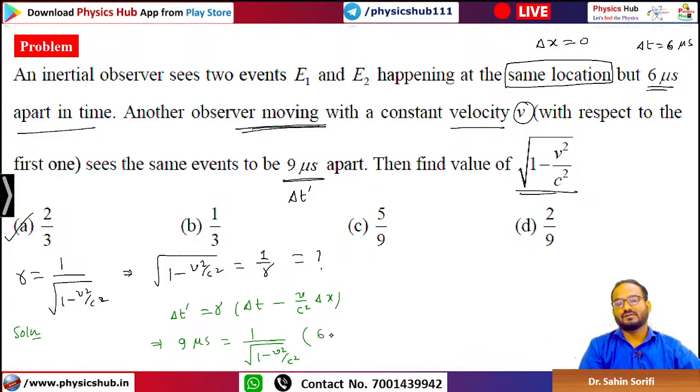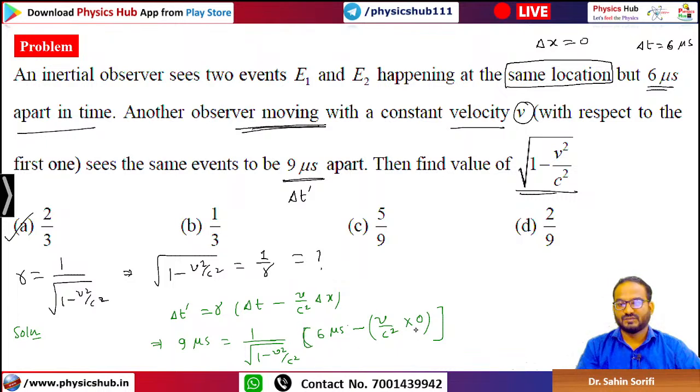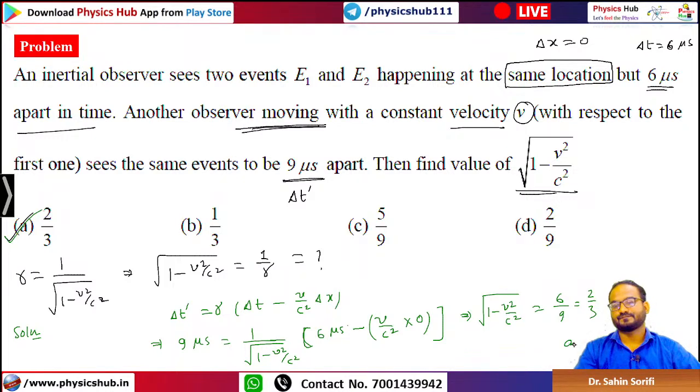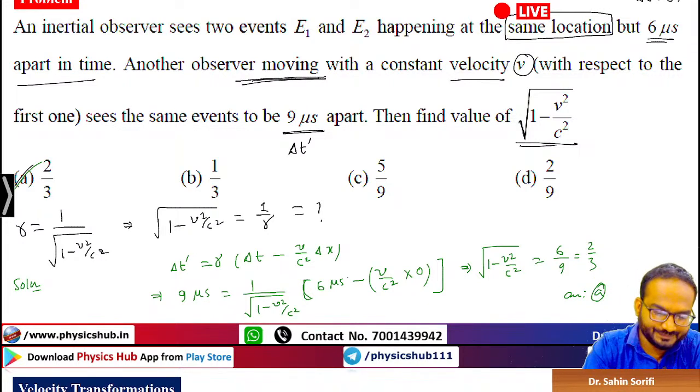Delta t is 6 microseconds, minus v by c square into delta x, which is 0. So this term becomes 0, and that means root over 1 minus v square by c square is equal to 6 by 9, so 2 by 3. Option A. Yes, Murli, Ajay.